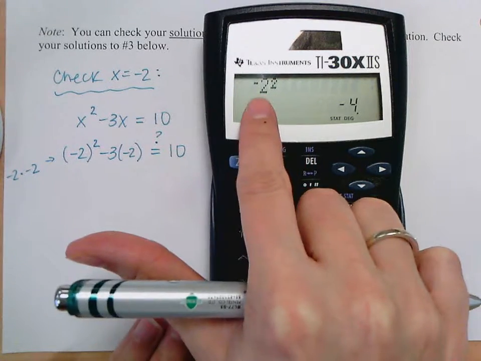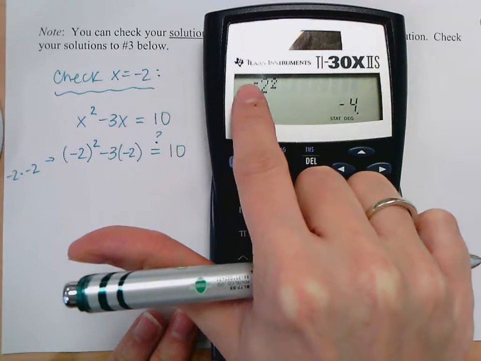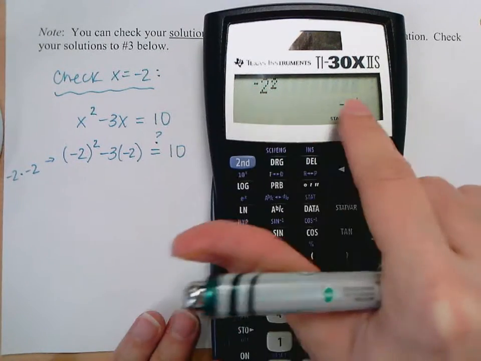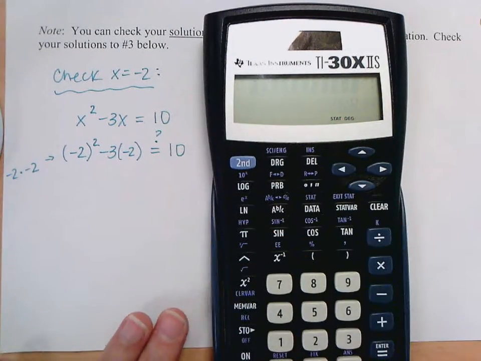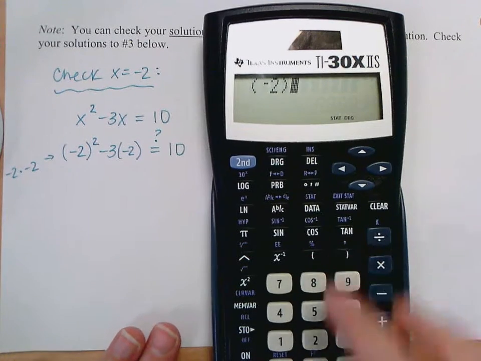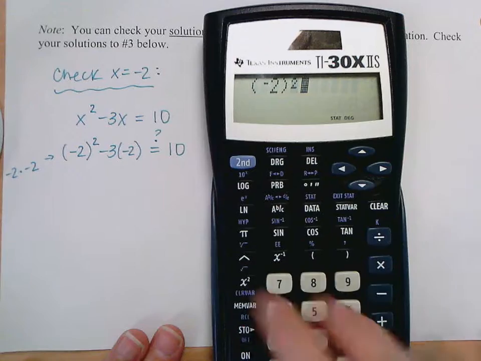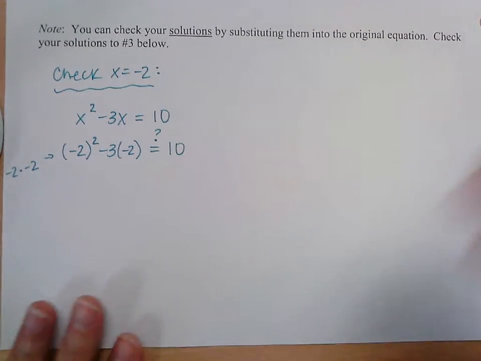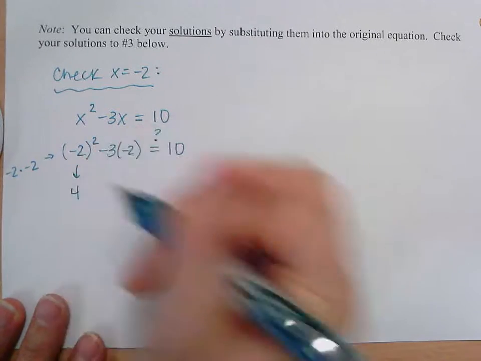So what the calculator is doing here is this is the opposite of 2 squared, which 2 squared is 4, so the opposite is negative. If I want -2 squared, I have to put -2 in parentheses and then square it to see that it's +4. So this is 4.